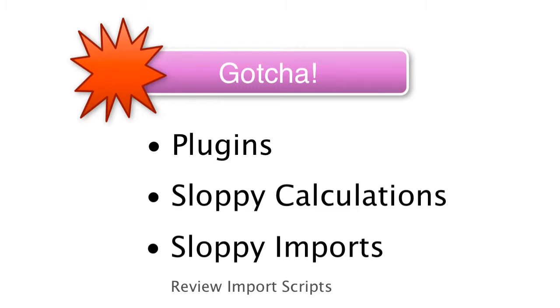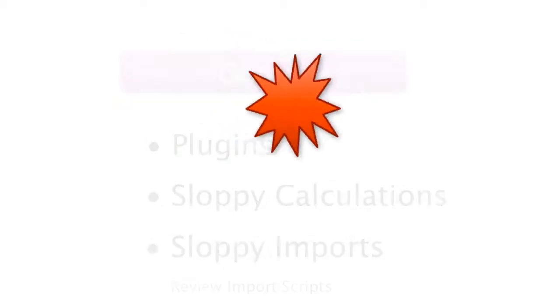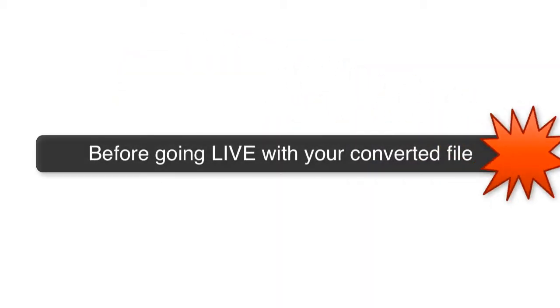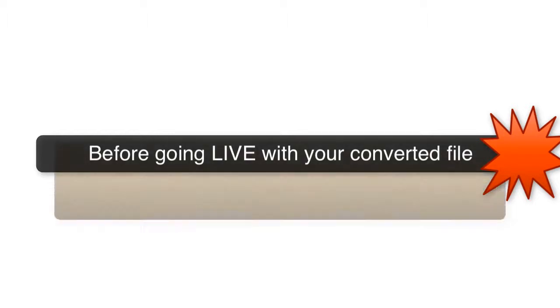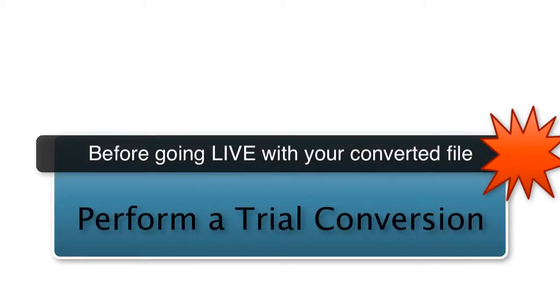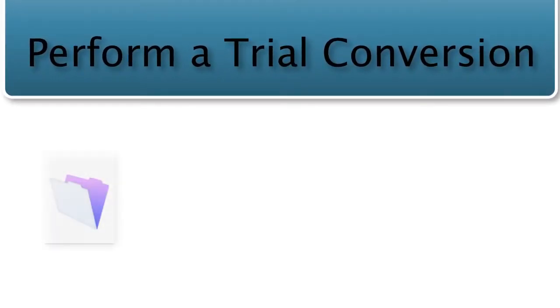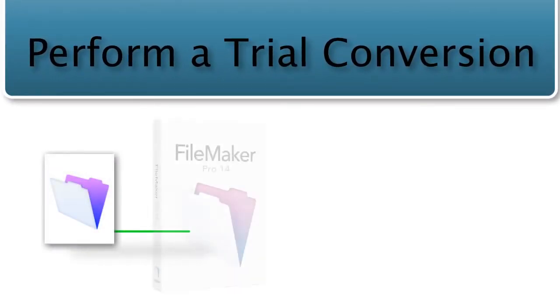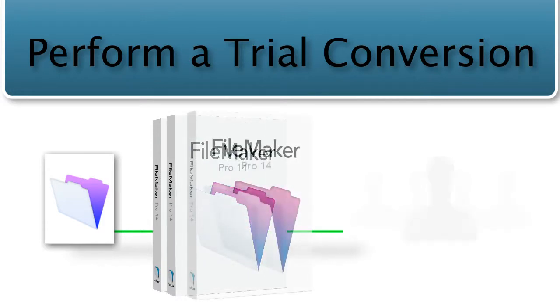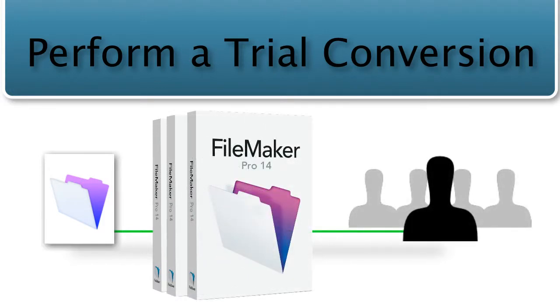And of course, this gets back to a broader topic. Before you do a conversion and go live for your entire company, it's highly advisable that you do a conversion as a trial run, and then take that new fmp12 database and some copies of FileMaker 14 with some test users and have them try it out to make sure it's behaving as they expect.